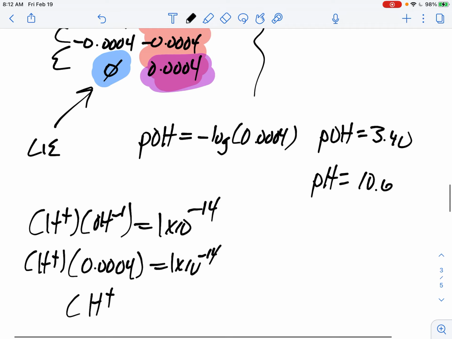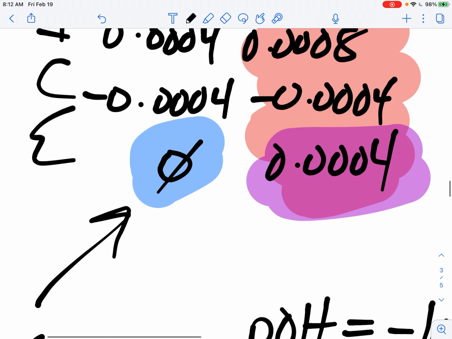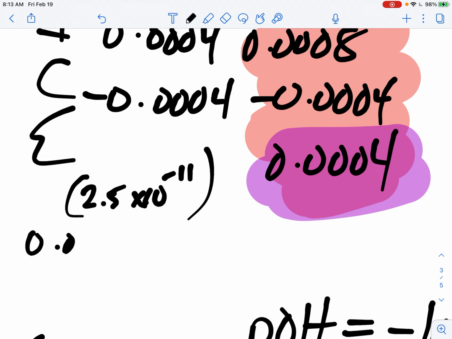Technically speaking, that number is going to be 1 times 10 to the negative 14th divided by 0.0004. That's going to be 2.5 times 10 to the negative 11th. So technically speaking, that number there is not 0. It's technically 2.5 times 10 to the negative 11th.